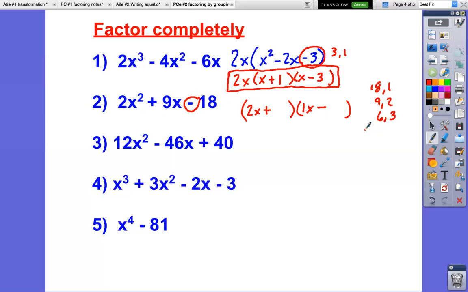Now, this is somewhat of a guess and check, but the reason I like the way that I teach it is it teaches you guys a number sense, which means because my signs are opposite, I know they have to subtract and equal +9, but I have to multiply the outers and the inners. Now, here's the thing. Always start with the ones closest together, but you guys don't even necessarily have to write this out, and here's why. Can the 6 even go here?